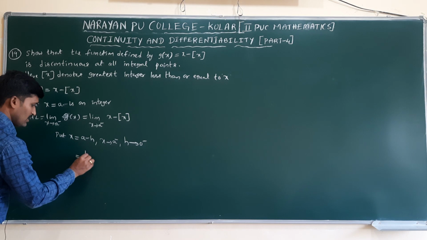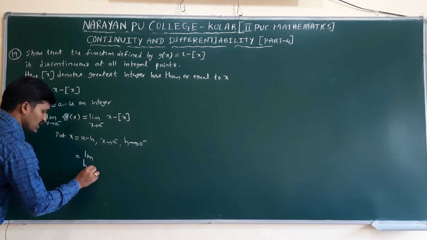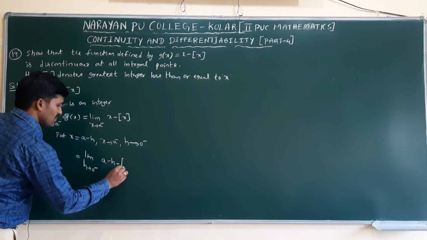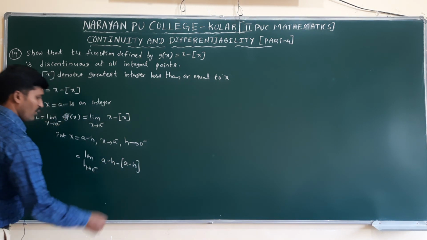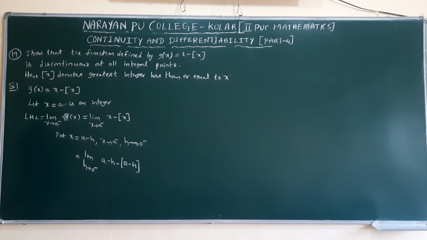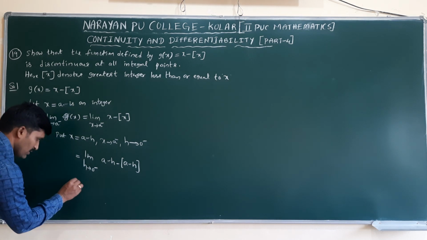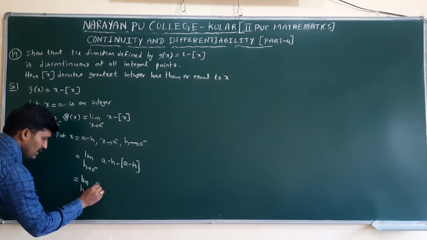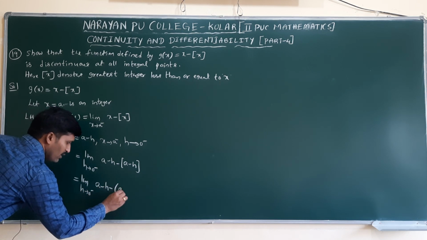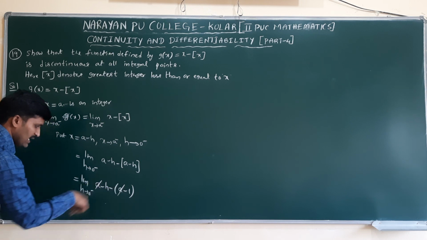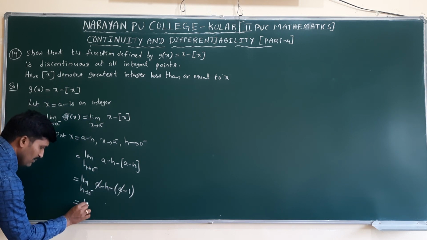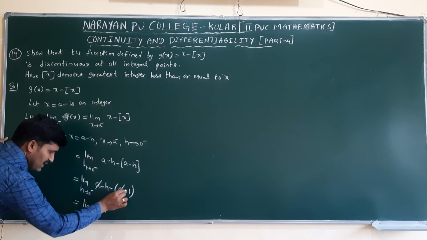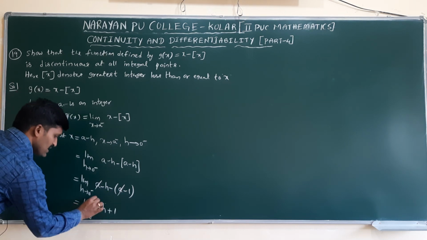Changing the function, limit h tends to 0 minus of a minus h minus [a minus h]. When a is an integer, [a minus h] is always a minus 1. So limit h tends to 0 minus of a minus h minus (a minus 1). Here a gets cancelled. Now limit h tends to 0 minus of minus h plus 1.